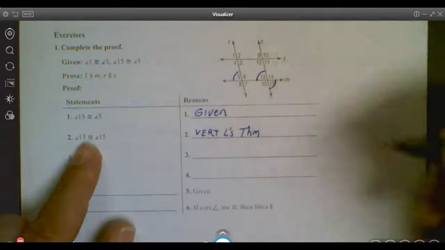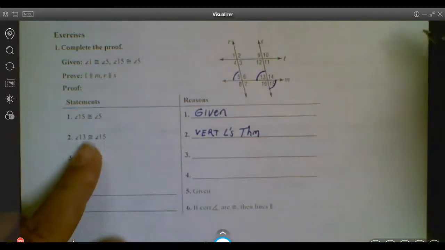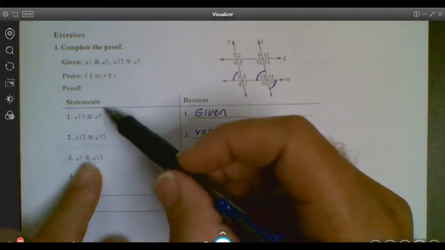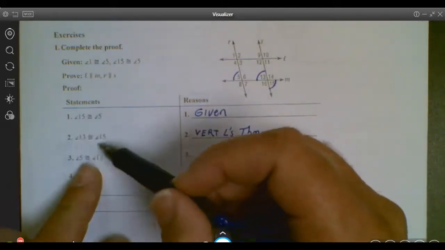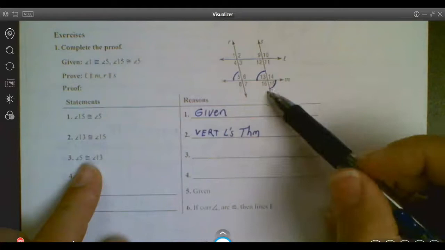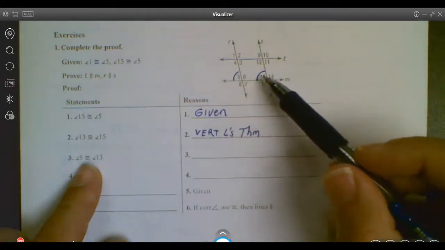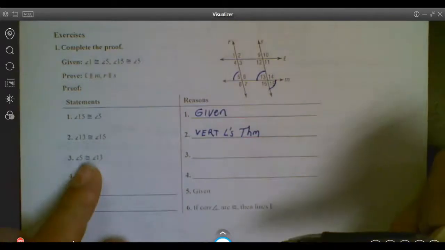And here's why I always say to mark this stuff, is now something should stand out to you, whether it be through your markings or through the statements that were just used. We should now recognize, hey, look at my markings, right? According to my markings, 5 and 13 are congruent to each other with everything that I just marked. So where is that coming from, right?